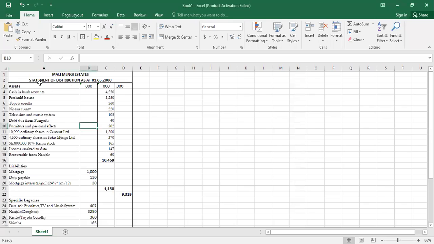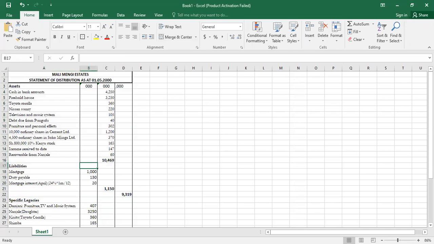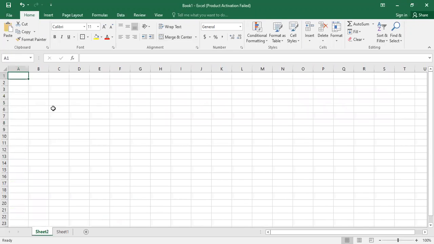Allow me to delete this. This was for a former class, or instead of deleting, I can just open another sheet. I might need it. You can just insert another workbook. We work from a different sheet.